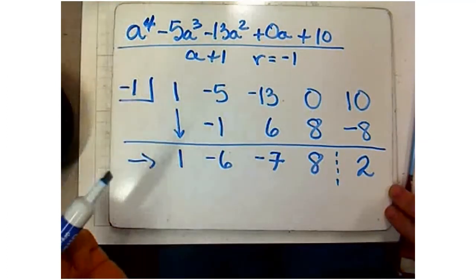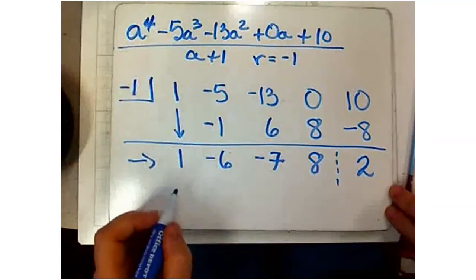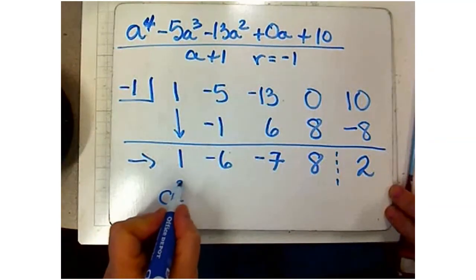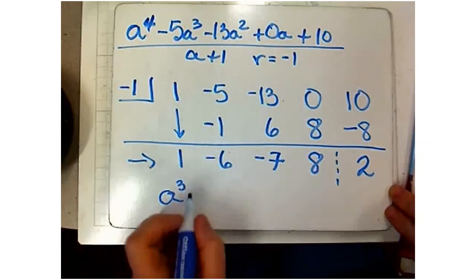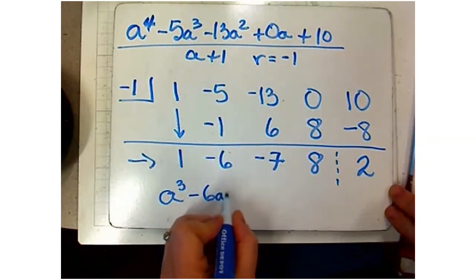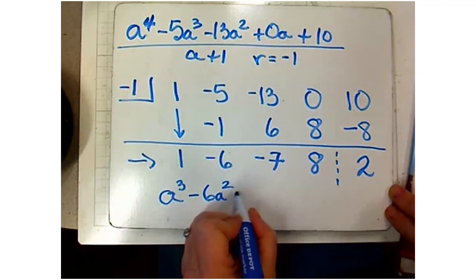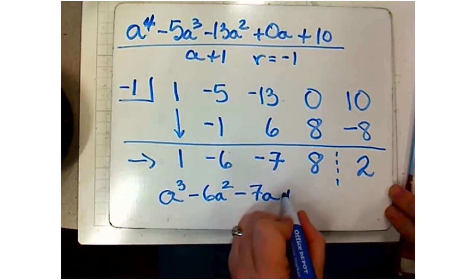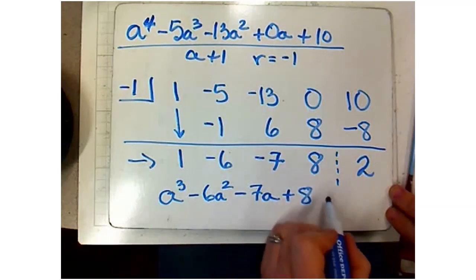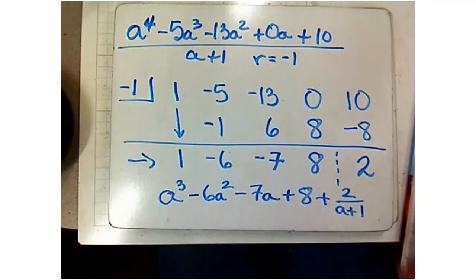So we're going to go back and use our coefficients with our terms. We started with a to the fourth degree, so we're going to start with a to the third degree, and it's a 1 coefficient, so we don't need anything next to that. Then we have minus 6a squared minus 7a plus 7, plus 2 over a plus 1. Yes, Song?